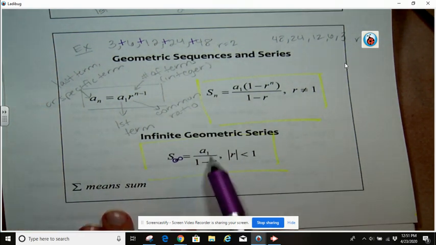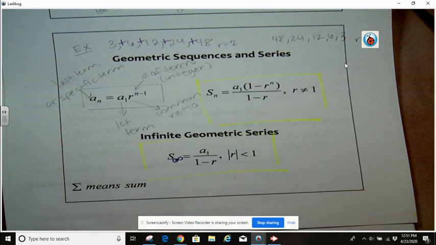The formula is much simpler, but we have a special set of rules. If the absolute value of the common ratio is less than 1, then there will be a sum to our infinite geometric series. But if the absolute value of r is greater than or equal to 1, then there is no sum. We're also going to talk about sigma notation.